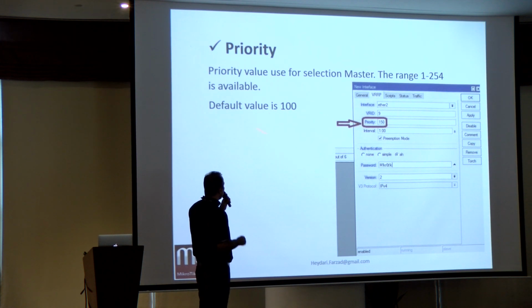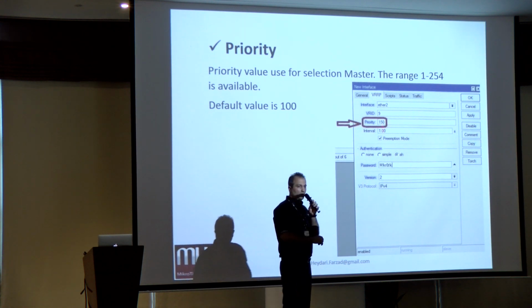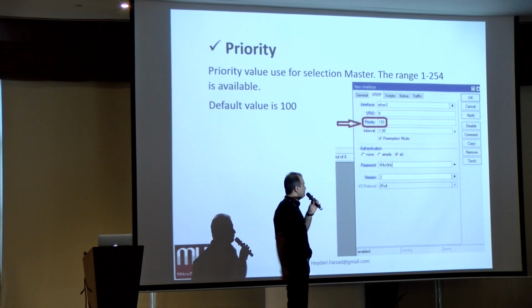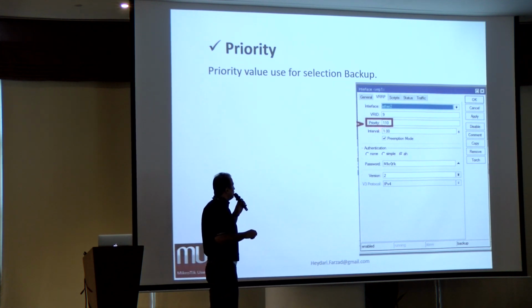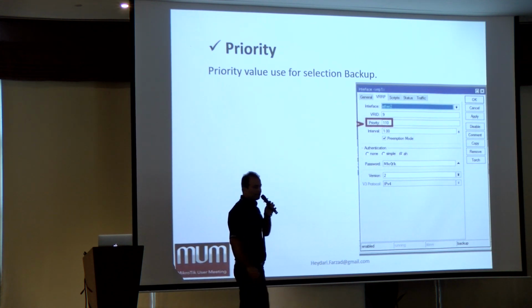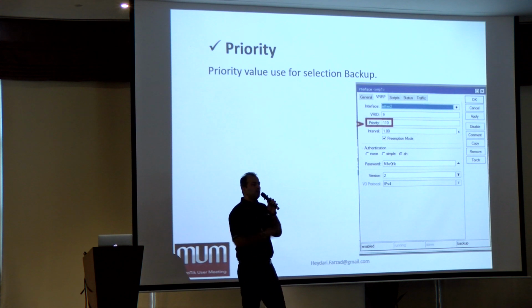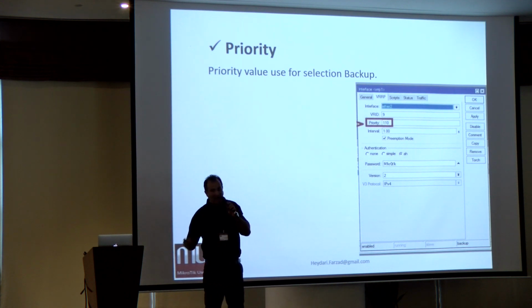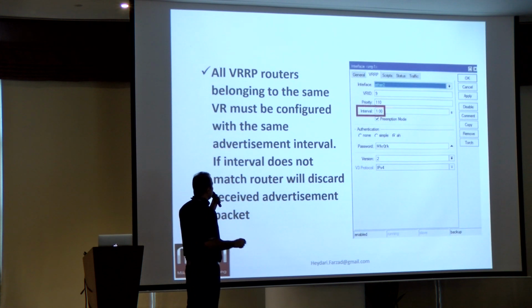The default priority is 100. If you don't put the priority, the default priority is 100. And for backup, I put 110. The highest priority will be your master. The lowest priority will be your backup. So, another thing is the interval.